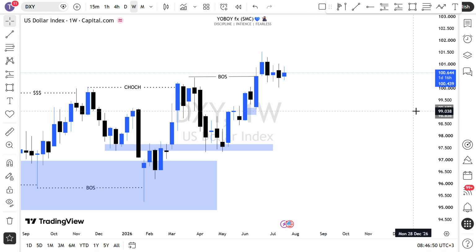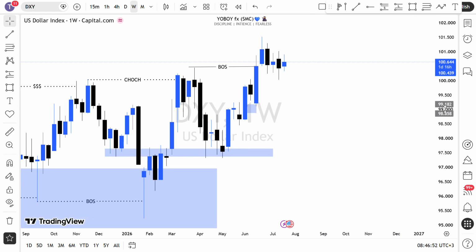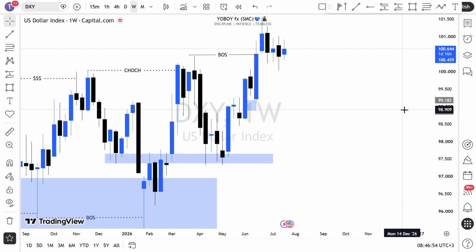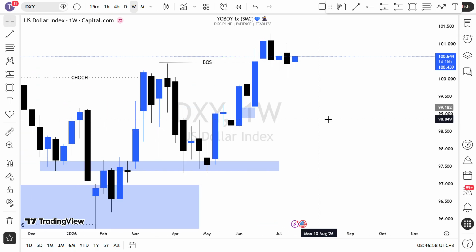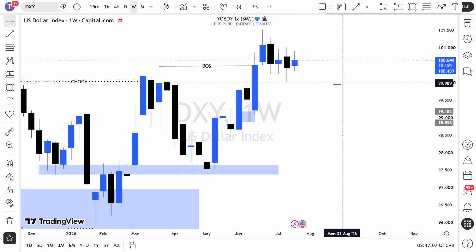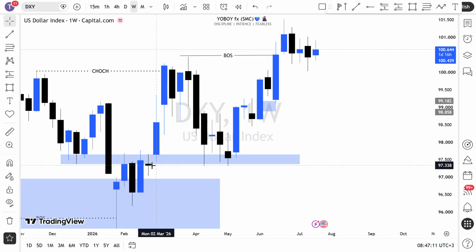What is internal liquidity? Internal liquidities are all order blocks and fair value gaps that are lying inside a current trading range. So we are going to drop down into a daily time frame, and now we are going to concentrate on this retracement. Remember, we have this recent break of structure after price trading into this order block from a weekly time frame.